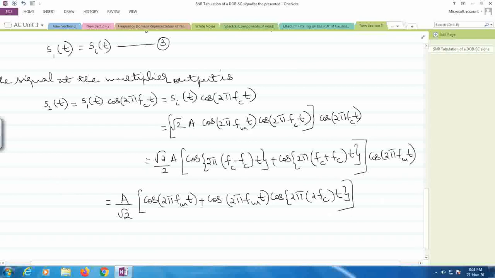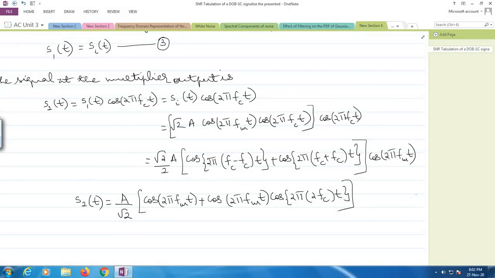So this is going to be my output at the multiplier. So let me just call it equation 4.